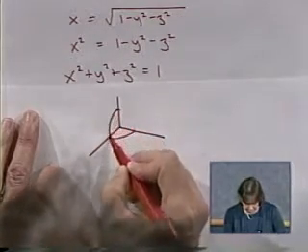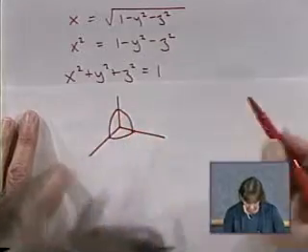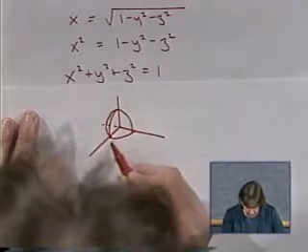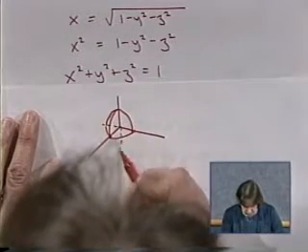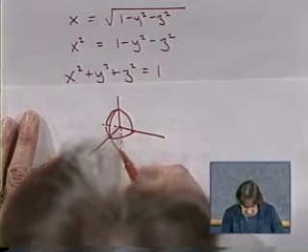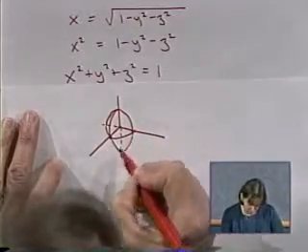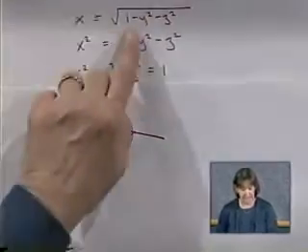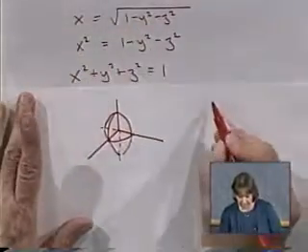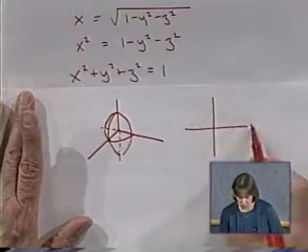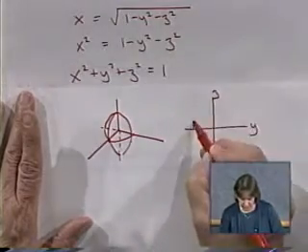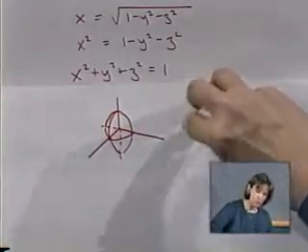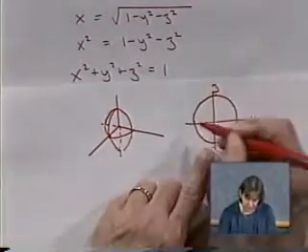But we're not getting the whole thing. We're just getting the part in front of the YZ plane, because it's x equals square root. So if I had the y-axis here and the z-axis here, I'm getting that part here, and then you think of your ball, it's coming out like this, you with me?